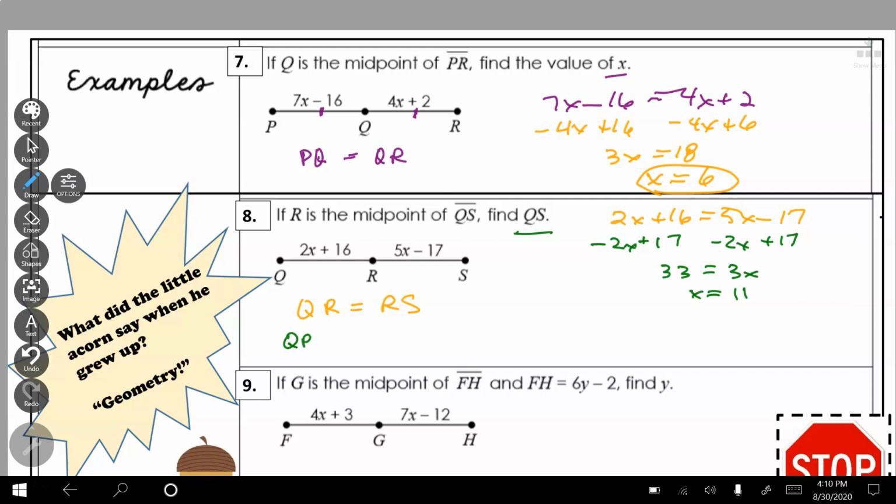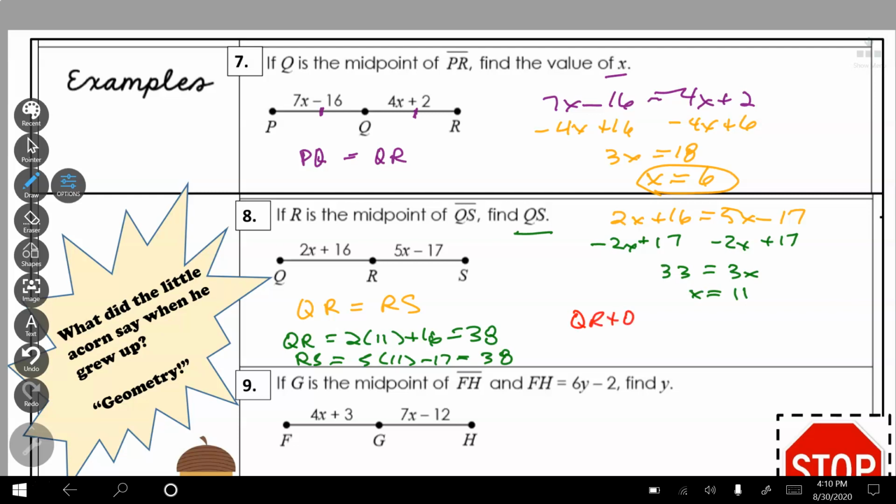So QR is 2 times 11 plus 16, which is 38. And guess what? RS better be the same. I mean, it's a bisector. It better be the same, but I'm going to check anyways. 5 times 11 is 55 minus 17 is also 38. So when I want to do QS, I'm going to change color here.